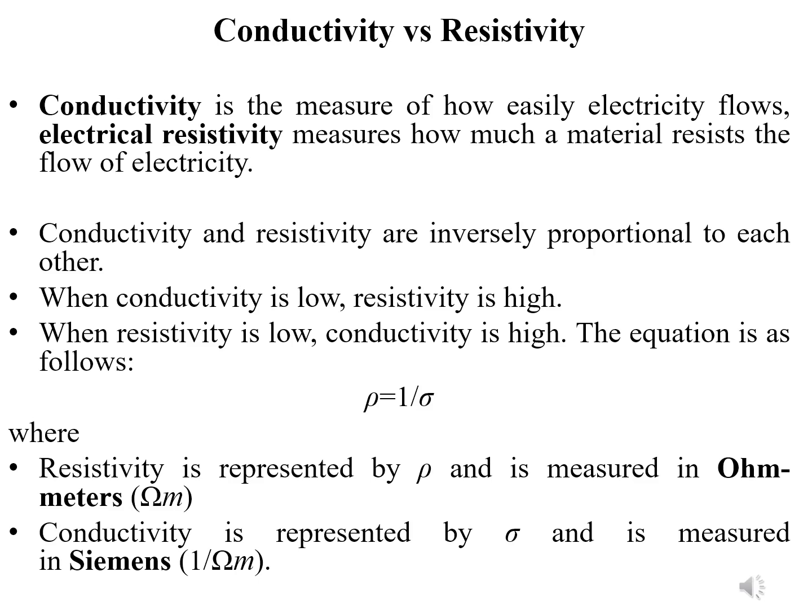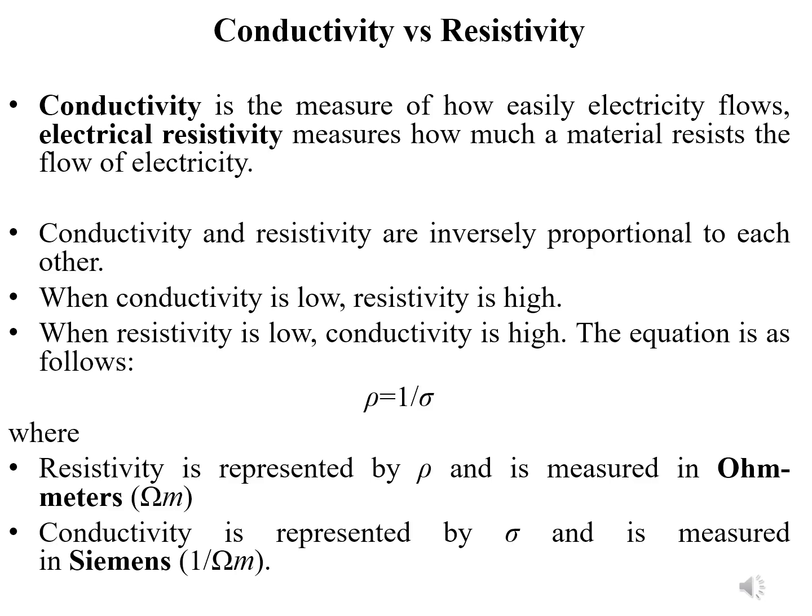We can say that conductivity and resistivity are opposite to each other. These both are inversely proportional to each other. So when conductivity is lower, then resistivity will be higher. And in the same way, when resistivity is lower, then conductivity will be higher.